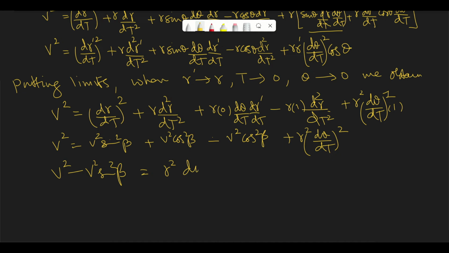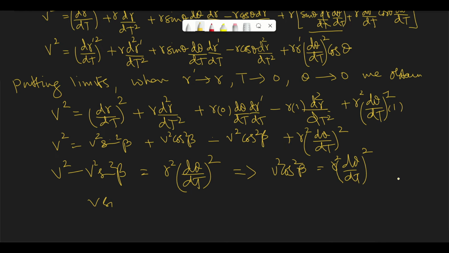Okay, so we get v² minus v² sin² β is equal to r² (dθ/dt)². So we obtain v² cos² β is equal to r² (dθ/dt)². So we get the positive v cos β is equal to r dθ/dt.